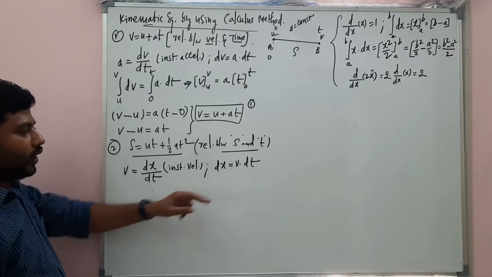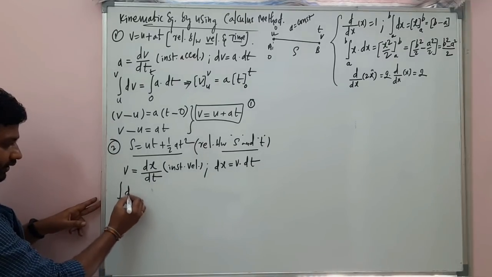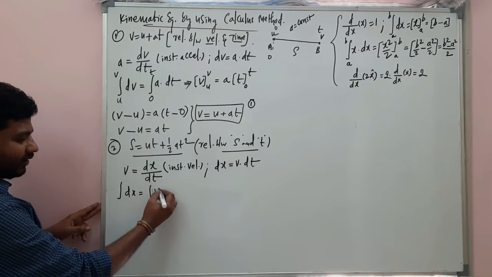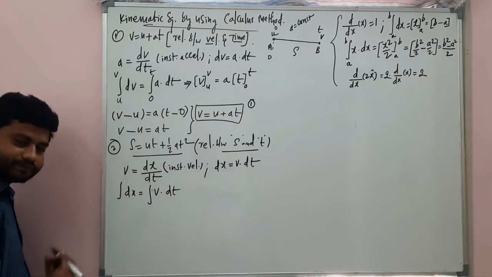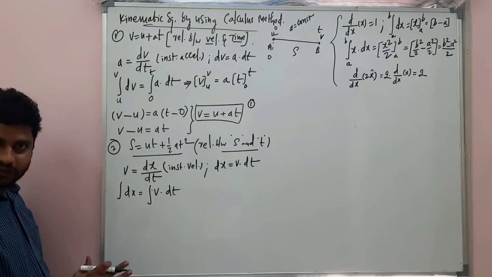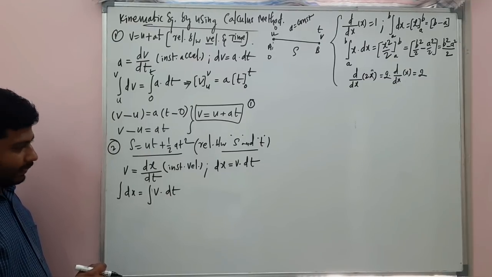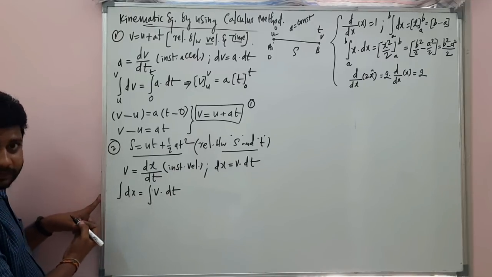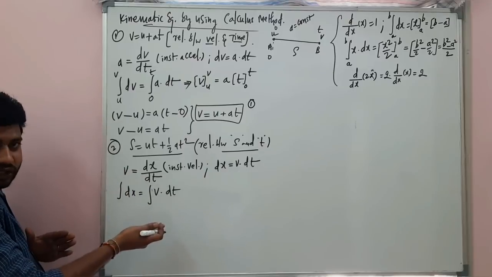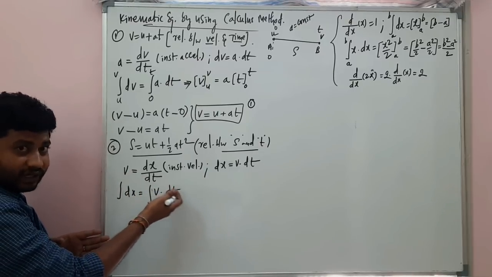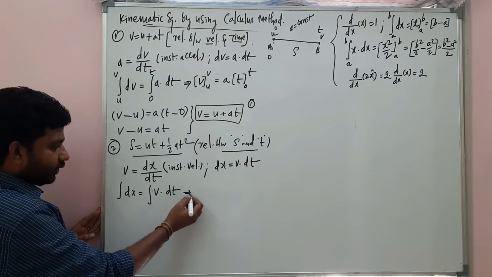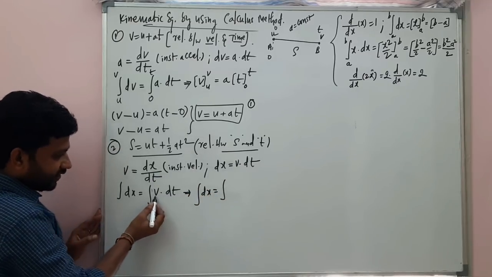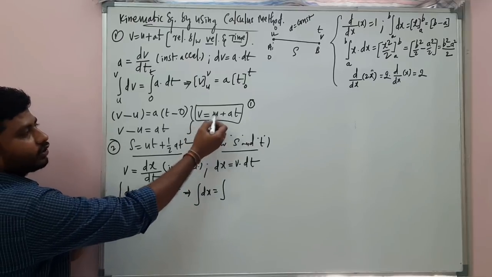Now, this also I can integrate both sides. Integral dx is equal to integral v dt. Understand? Now, this will have some limits. Before moving to the limits, I can also write it as integral dx is equal to integral of v, and from the first equation, v is equal to u plus at.